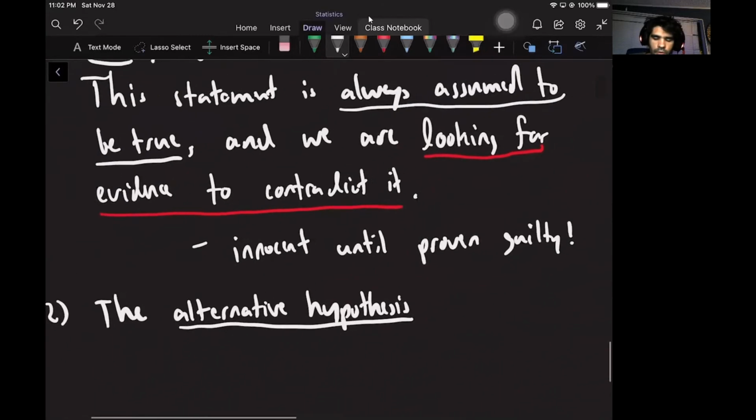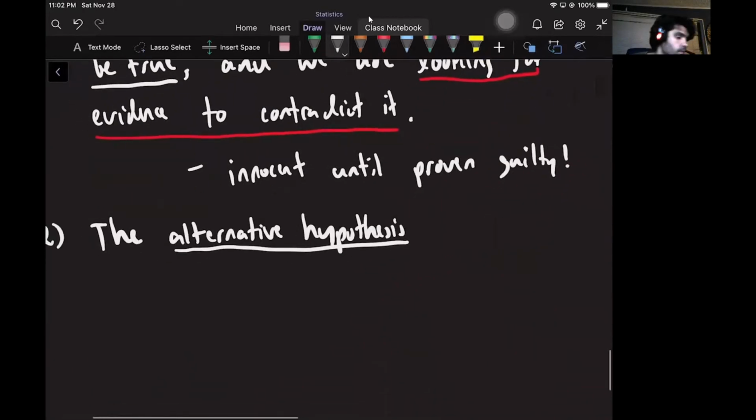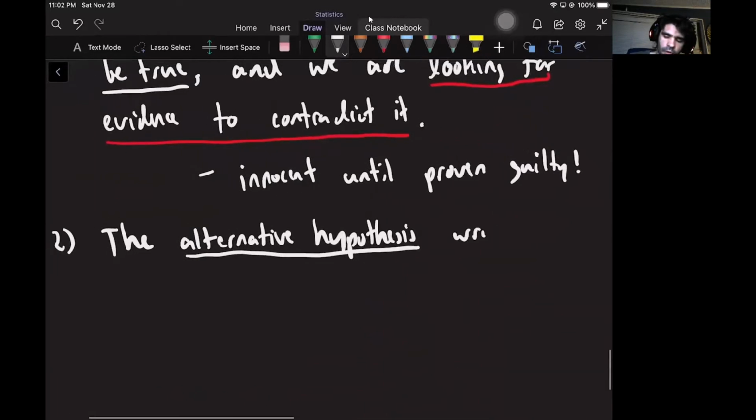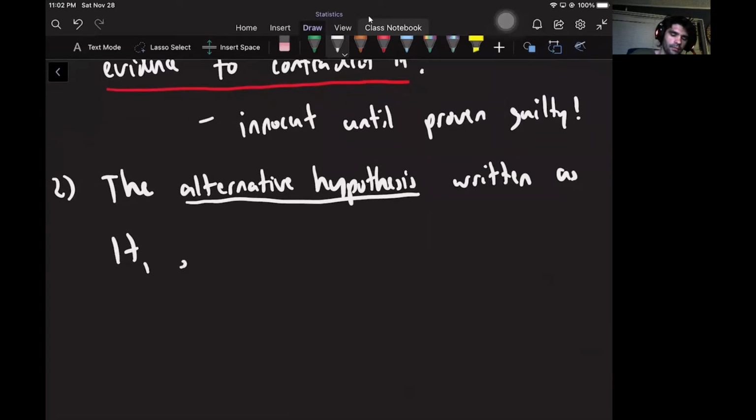It's sort of like proving someone is guilty. It also comes with its own fancy notation. It's written as capital H subscript 1, and it's just read as the alternate hypothesis. What it is is just the opposite of H naught, the null hypothesis.